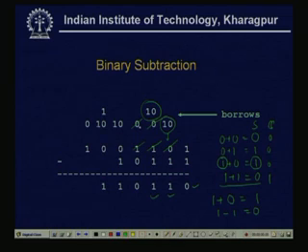So, this 0 minus 0 is 0. So, actually here it is not a borrow. 0 minus 0 is 0, there is no borrow. Now, again 0 minus 1, so again this is borrowed.